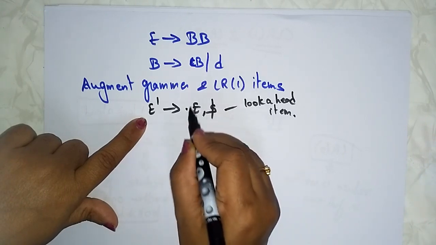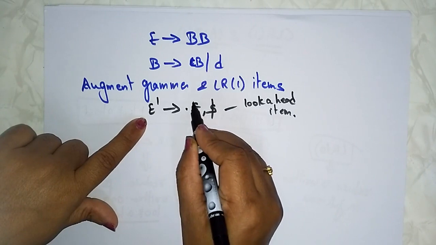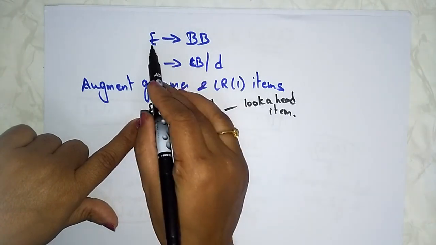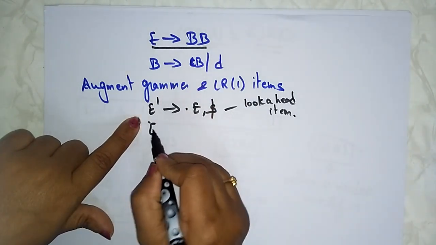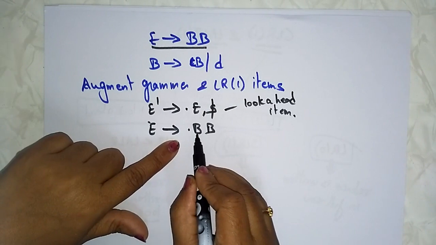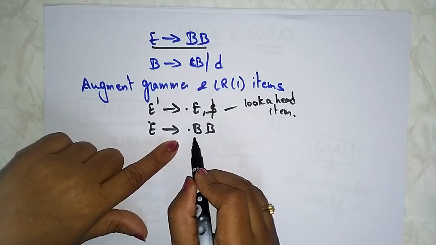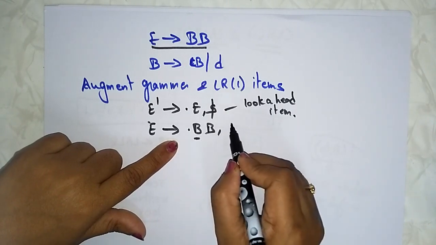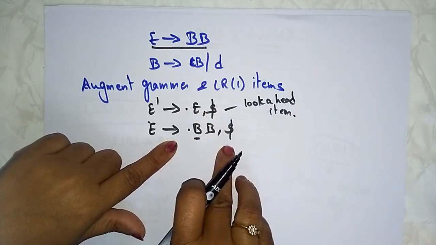Whenever you have written .E, dollar, after the dot if there is any non-terminal, you need to write all productions of this non-terminal. So E determines .BB, and dollar you need to write.